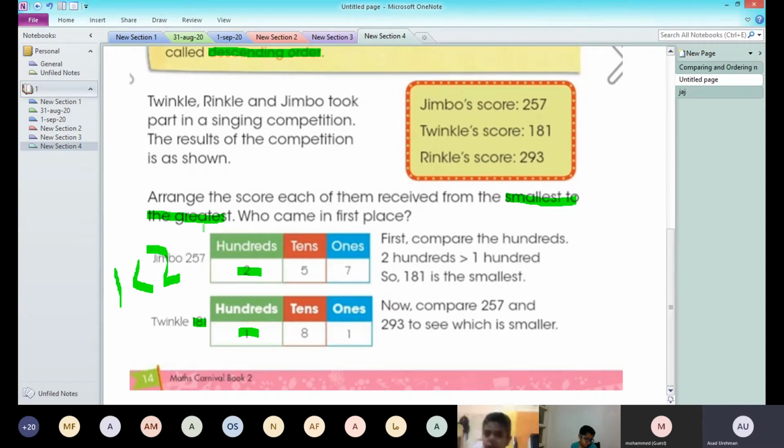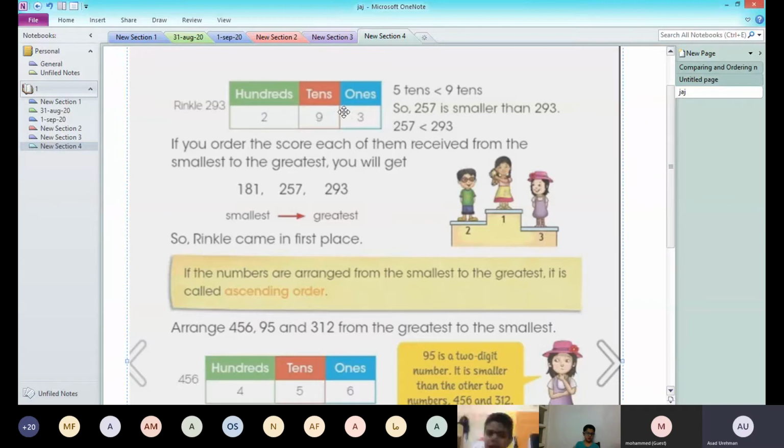Now I need to check which is smaller between Jimbo and Wrinkle, because they both have 200s. So I will check their tens now. It is having 5 tens. I will check here. It is having 9 tens.